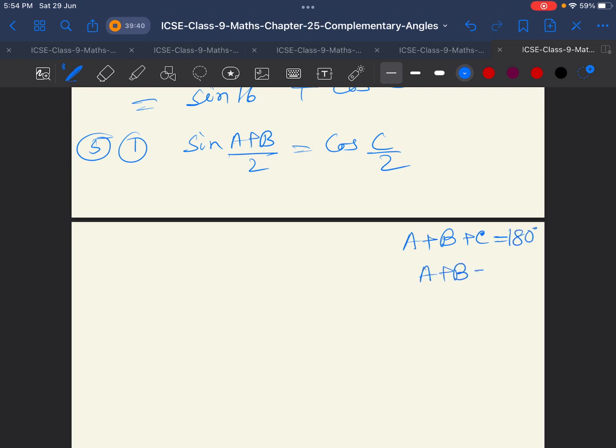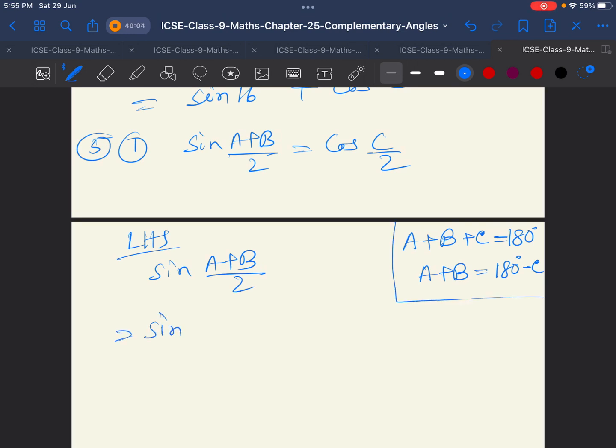Here we need A plus B only, so this is 180 minus C. First, the left hand side is sine of A plus B by 2.